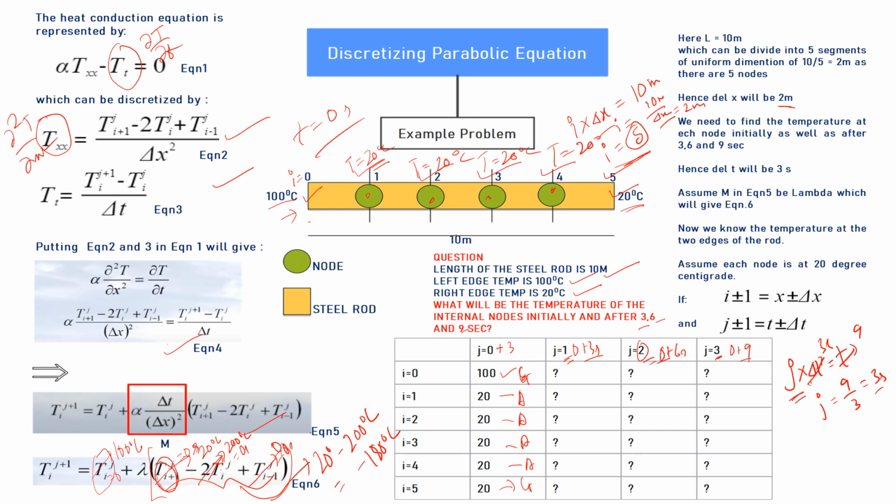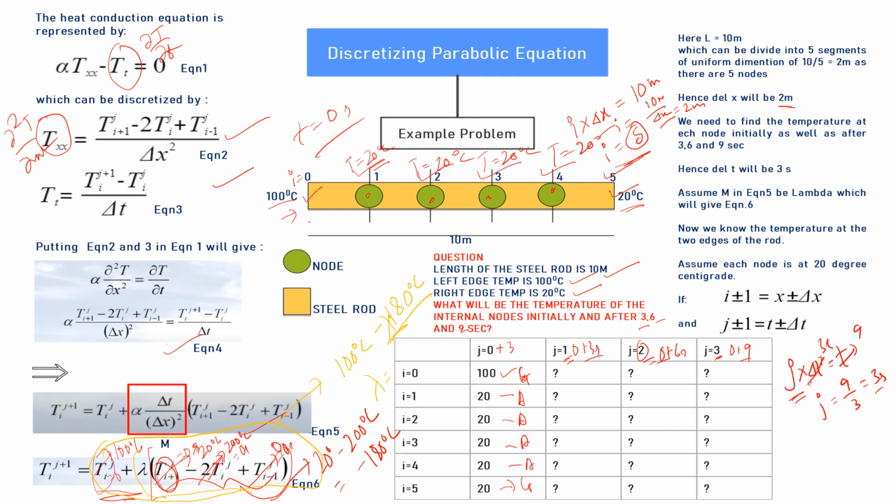So this part is minus 180 degrees. So this entire equation will become 100 degrees centigrade minus 1/8 lambda into 180 degrees. Now here, what is lambda?